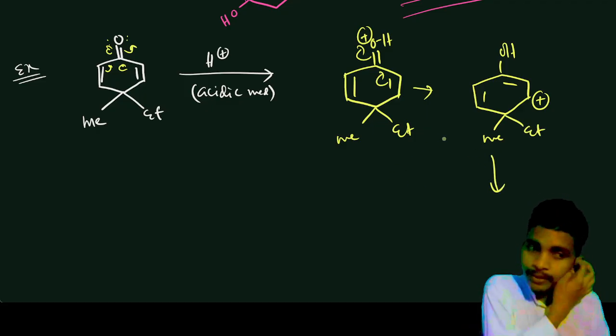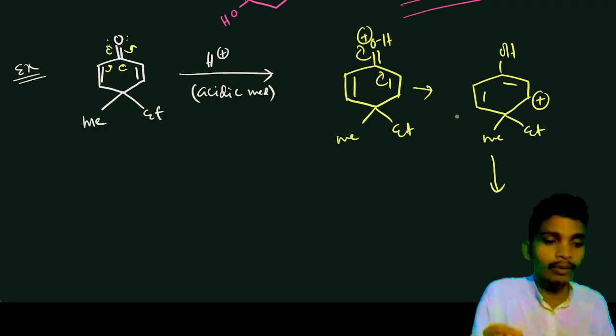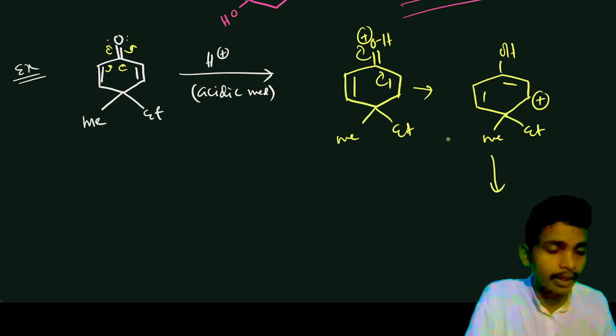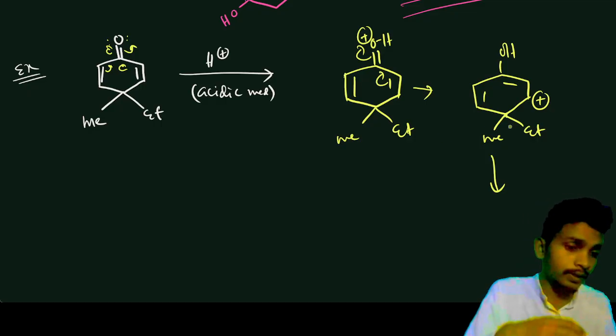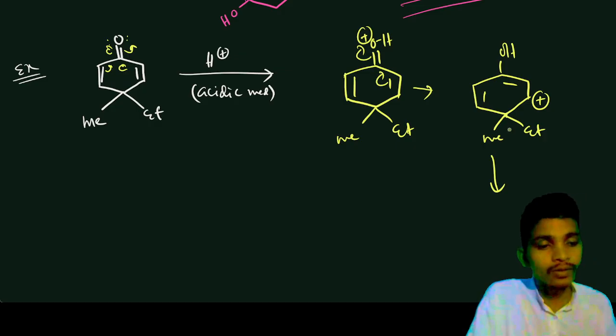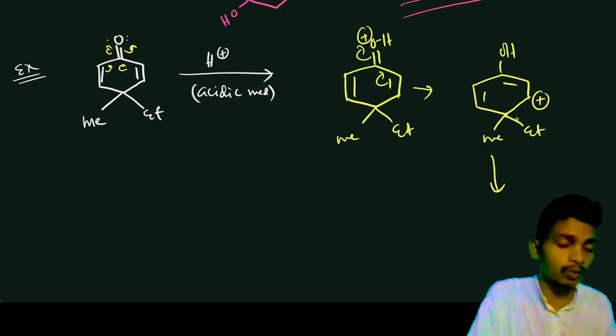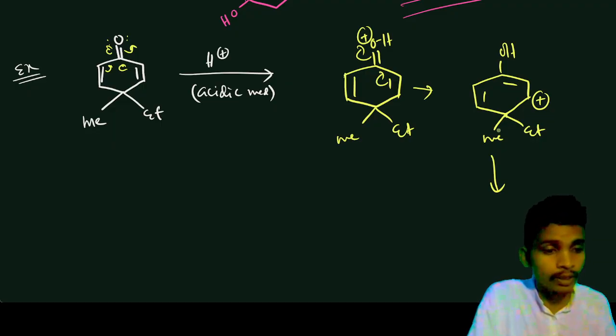Then what will happen? Now here also no hydrogen is there, so elimination is not possible. So we have to do aromatization. Sorry, I have to do migratory aptitude. So we will shift either the methyl or the ethyl.